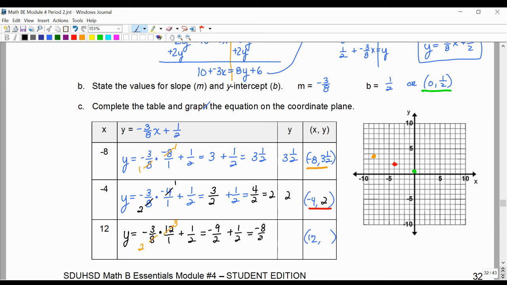Negative 8 halves, which is negative 4. And that we have to estimate 11, 12 down to negative 4. And there is our table, our equation in slope-intercept form, and our graph.